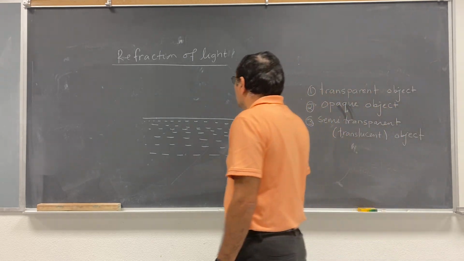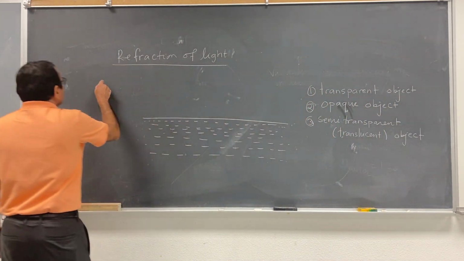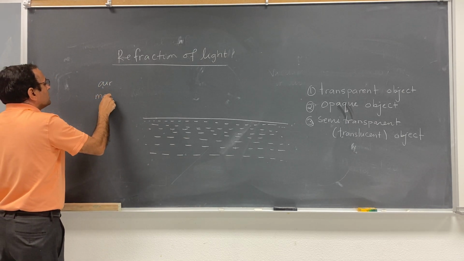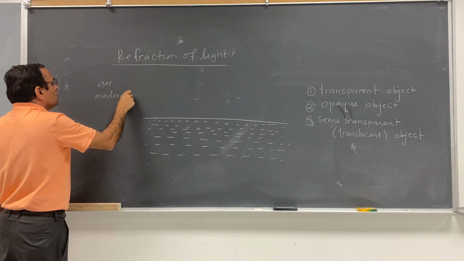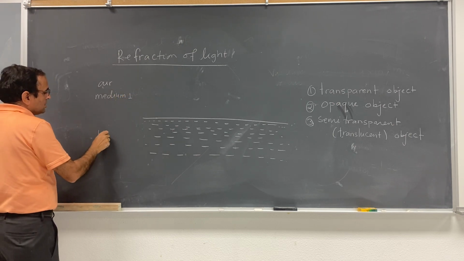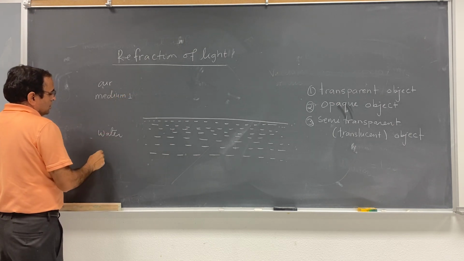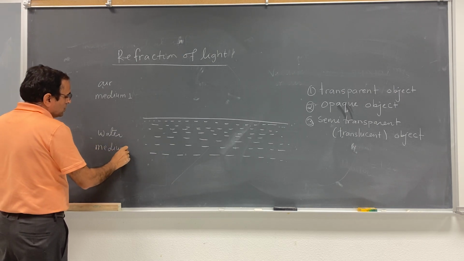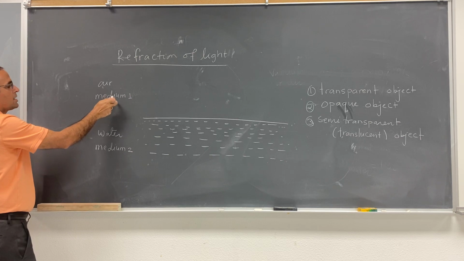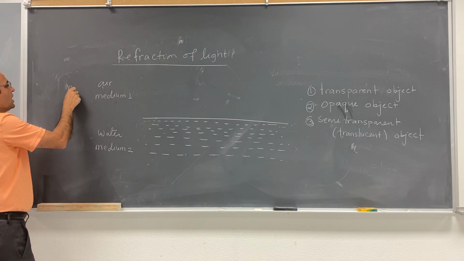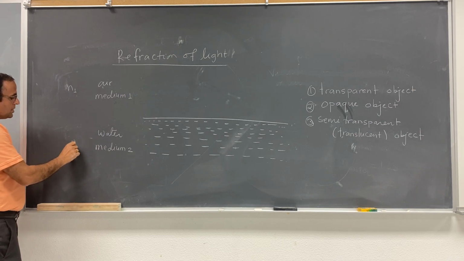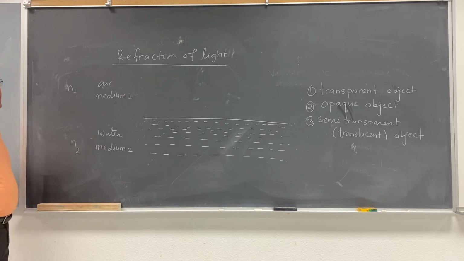So here I have water, and this is air. Let me call the air medium 1, and this water medium 2. Let us suppose the index of refraction of medium 1 is n1, and the index of refraction of medium 2 is n2.